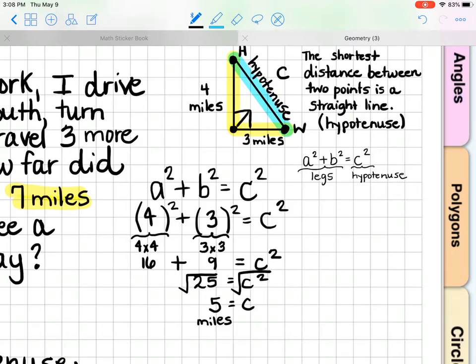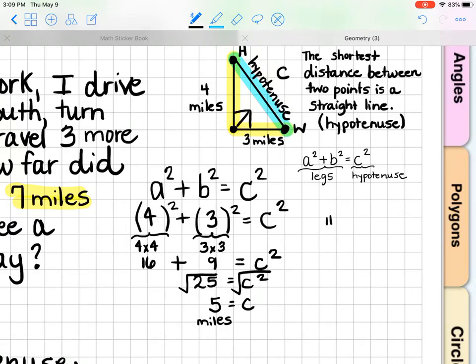So the blue route for my trip to work would only be 5 miles. So I could save 2 miles a day by taking the hypotenuse, assuming there's no mountain there or something in the way. That is a much shorter route than the yellow route.